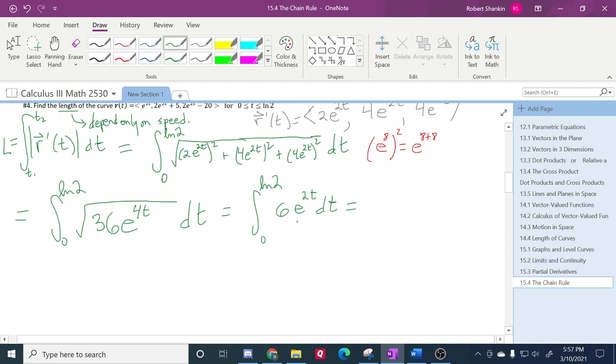That's not a problem. To take this integral of e to the 2t, it's going to be e to the 2t again. Technically, you're supposed to do u substitution for this. But I like to just guess e to the 2t. And then there's a 6. And then I'm either going to be dividing by 2 or multiplying by 2 on this.